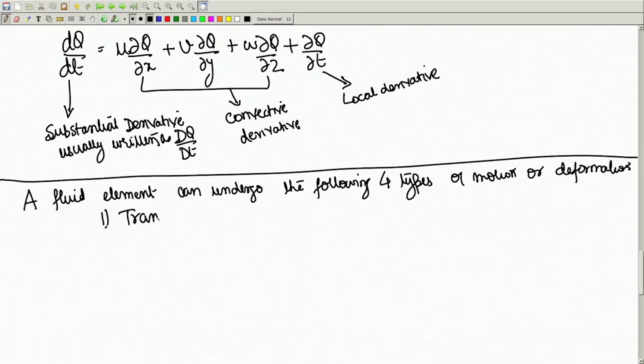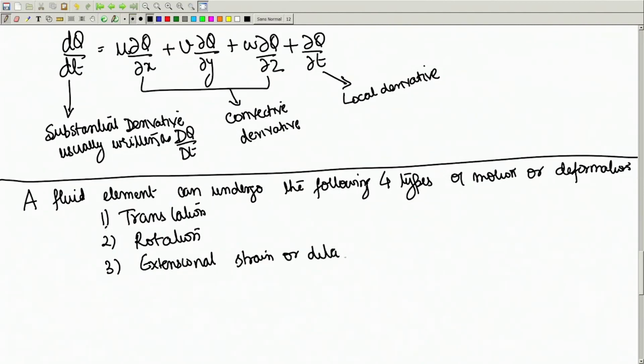Of course, it can do translation. Translation is moving from one point to the other. It can do rotation. It can do extensional strain or also dilation and shear strain.